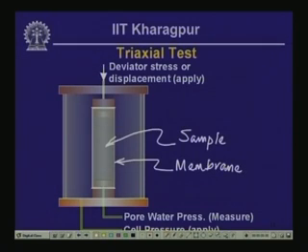and then we place it in between 2 pedestals.